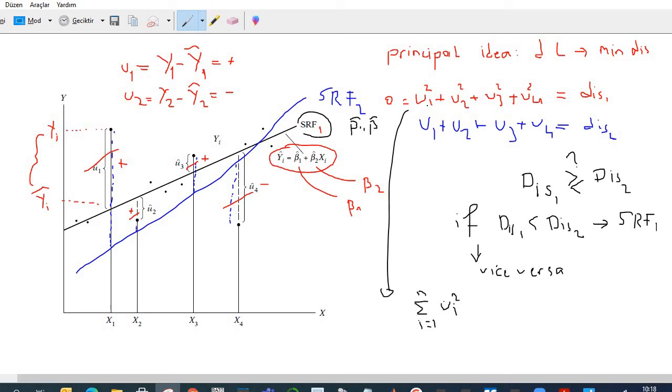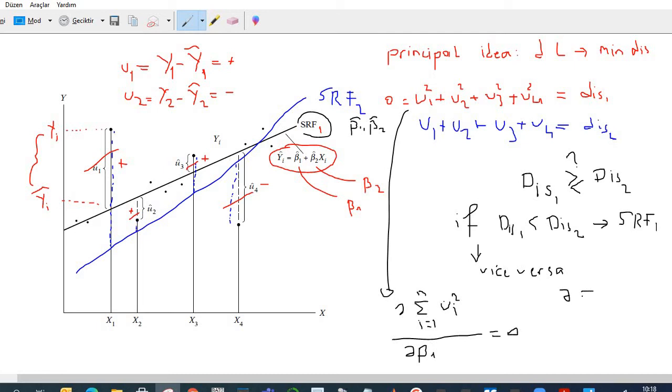So the minimum value of the distance is obtained by using beta 1 and beta 2. So we are taking the partial differentiation with respect to beta 1 and beta 2 in order to see the minimum distances.